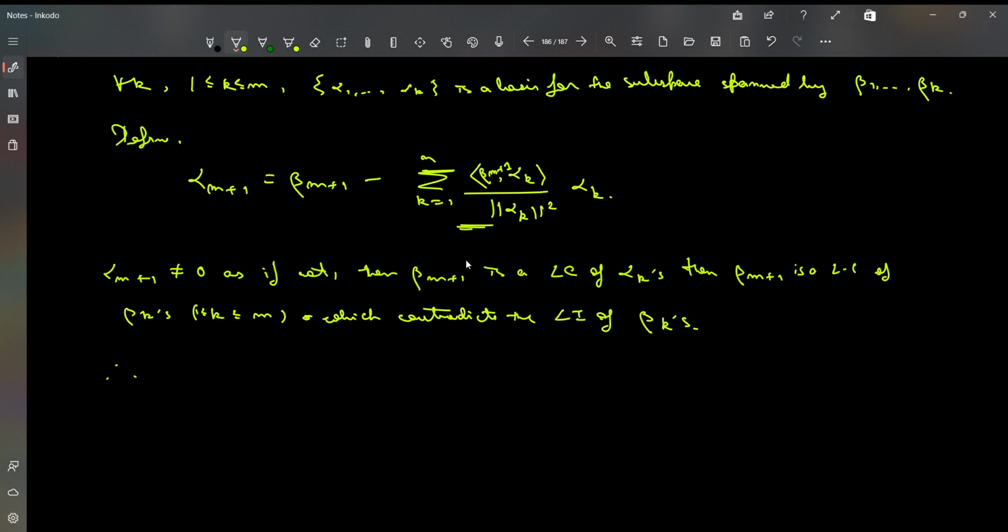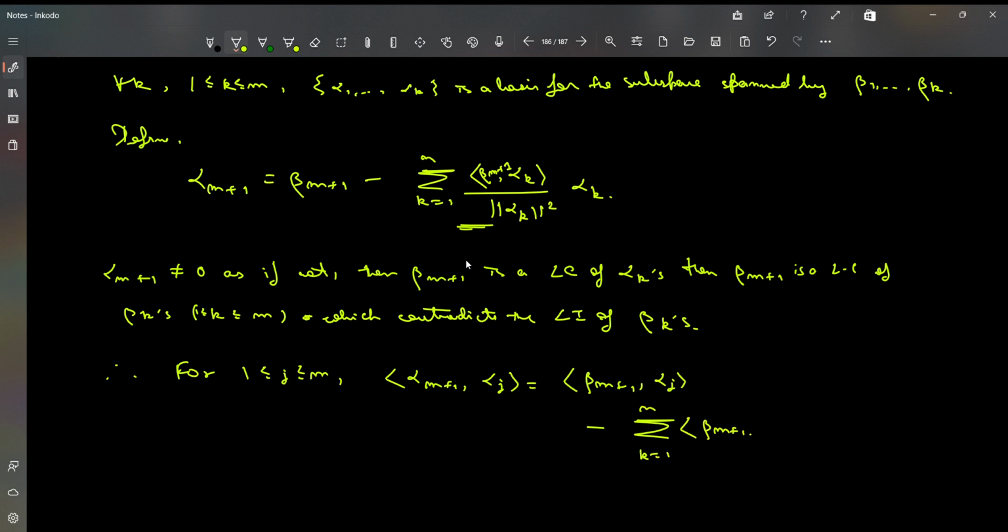Now checking whether it's orthogonal is quite easy, because if I choose any index j with 1 less than or equal to j less than or equal to m, then the inner product of alpha m plus 1 with alpha j comes out as the inner product of beta m plus 1 with alpha j minus the summation k equals 1 to m of the inner product of beta m plus 1 with alpha k divided by the norm of alpha k squared, times the inner product of alpha k with alpha j.